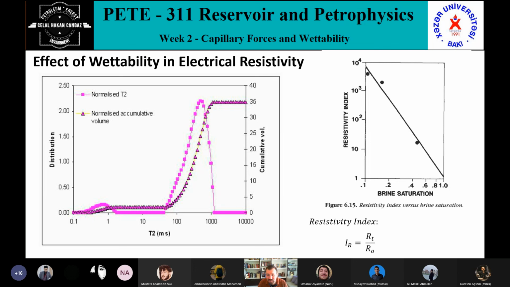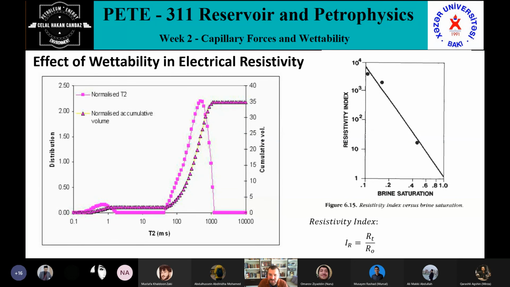If you see the initial water saturation is wider compared with this peak, you say oil wet. So you see two different behaviors. If you see a peak like this, you say water wet. If you see a tendency like this, you say oil wet.